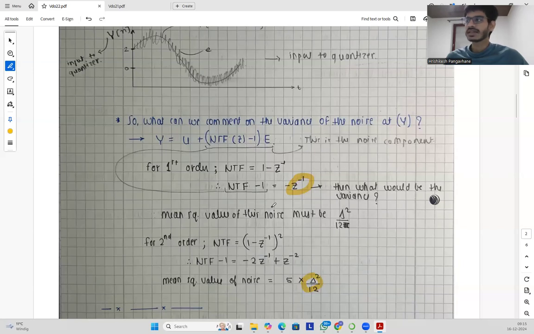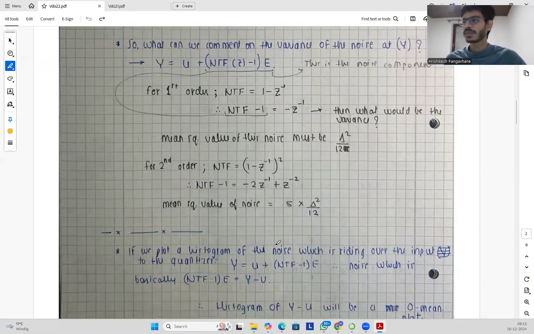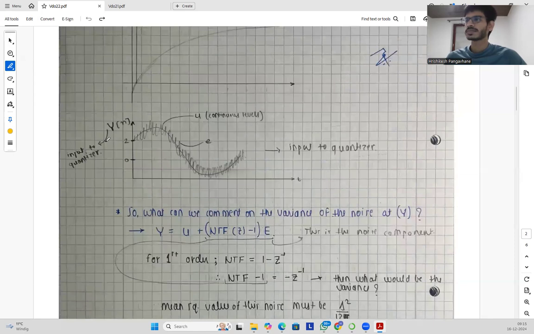So when we move to second order from first order, the variance of the noise at the input of the quantizer increases drastically, from delta square by 12 to 5 times delta square by 12. This is something we should notice, and it is the key point, because we'll discuss it in more detail further. So if we plot a histogram of the noise which is riding over the input to the quantizer, so basically this.